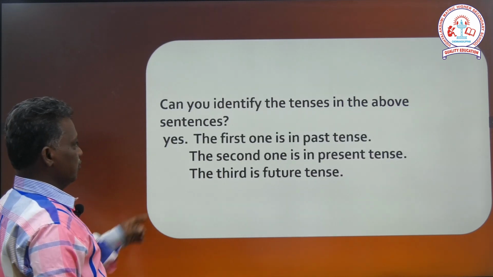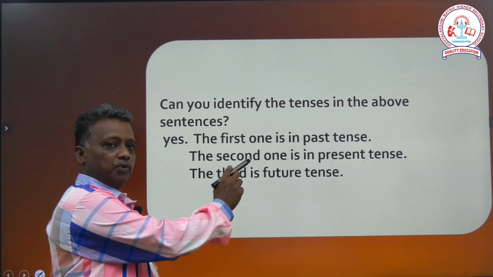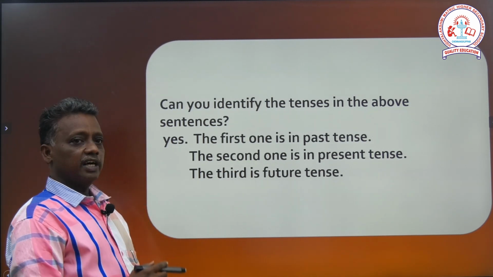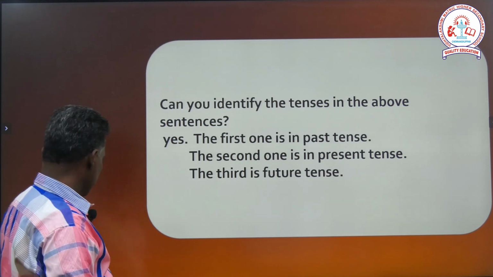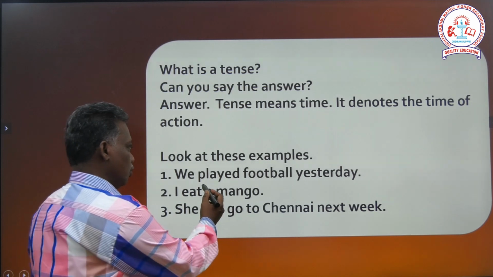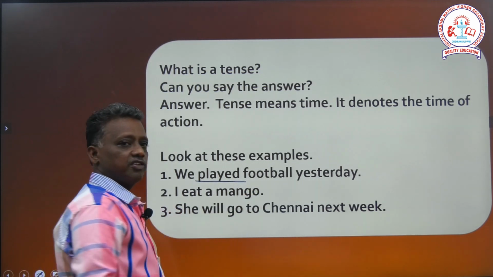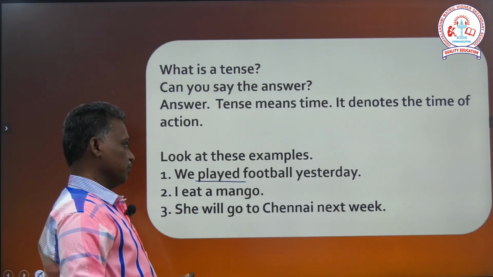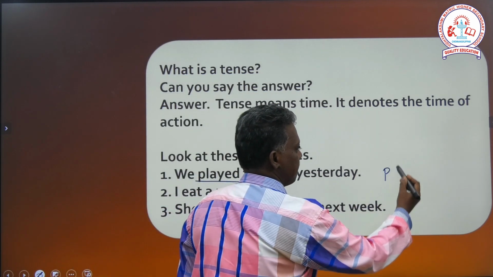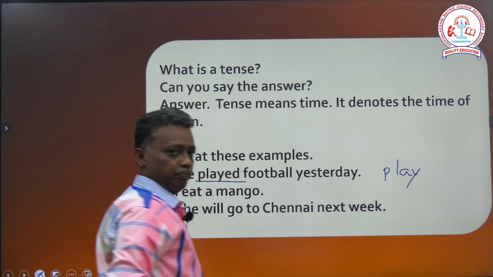Okay. So the first one is in the past tense. The second sentence is present tense. And the third is future tense. Again, back. You see here, we played. So played is the past tense of the verb. What is the present tense of the verb? It is nothing but play. Play is the present tense.